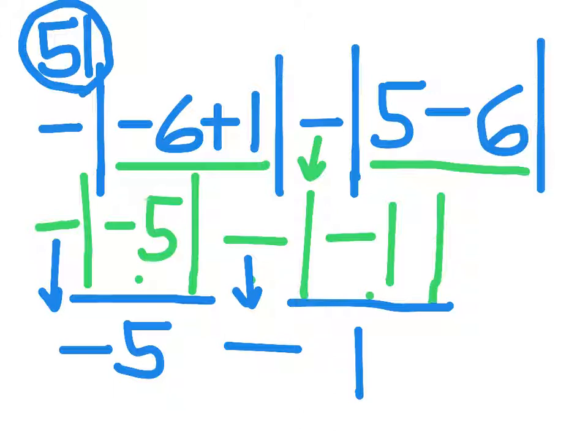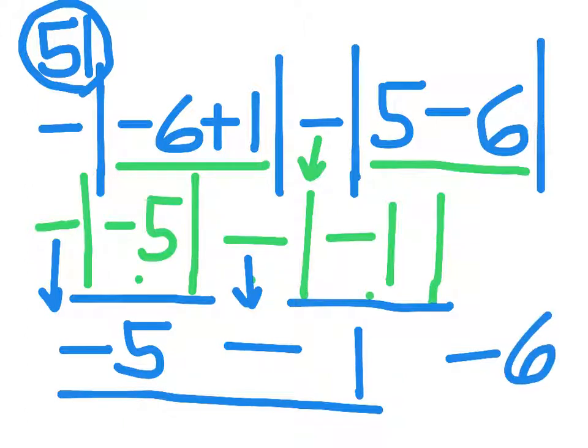I've already done parentheses, I've done inside the parentheses, I've done the absolute value. Now this is my last step, negative 5 minus 1. If you lost $5 and then you lost $1, you would have lost 6 altogether. Negative 5 minus 1 is negative 6. It is not negative 4. Again, I'll show you that later on why that is.